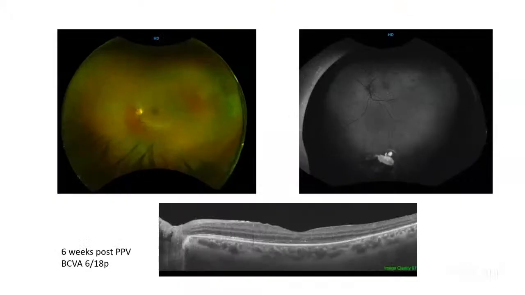This was the 6 weeks post PPV. Media was grade 1. We can see hyperautofluorescence at the inferior fundus, which is because of old subretinal bleed. Below is the OCT picture, which is showing intact photoreceptor layer, and the patient after 6 weeks had the best corrected visual acuity of 6/18. Thank you.